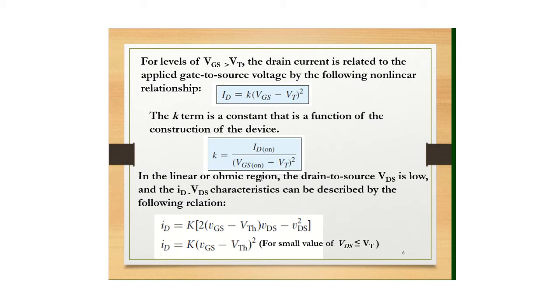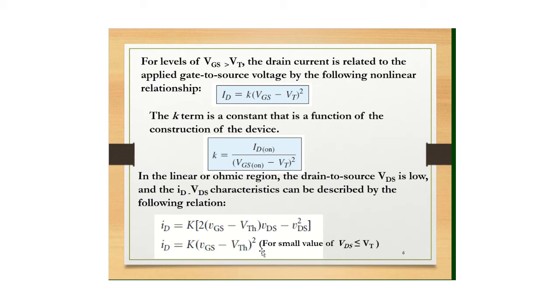So as we know, the MOSFET will be used in linear region, which is also called ohmic region. The ID characteristics, that is the relation between the current and voltage, can be given by these two relations.